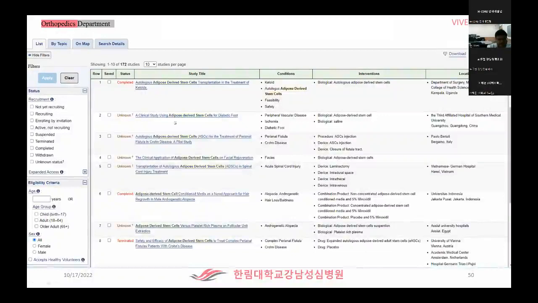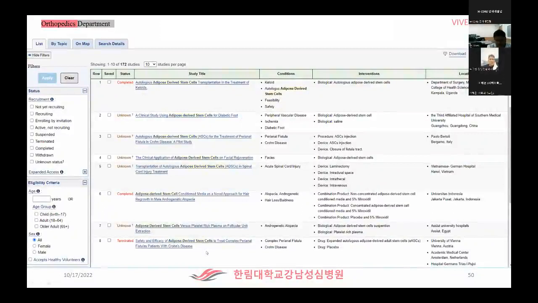So you may see that there are so many adipose-derived cell trials, used for hair regrowth, treatment of perineal fistula, Crohn's disease, some types of keloids and diabetic foot. I had a study of the diabetic foot also, but I didn't include it here. And then adipose-derived stem cells versus platelet-rich plasma for follicular unit extraction.